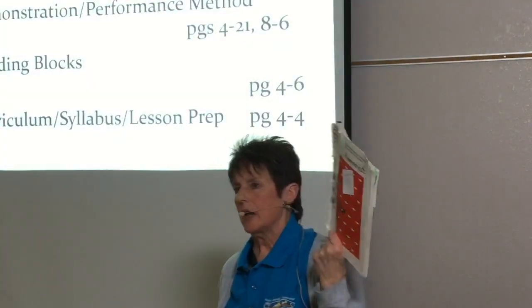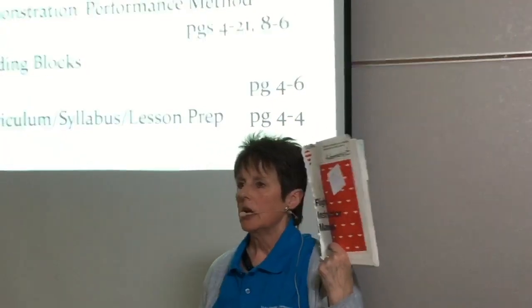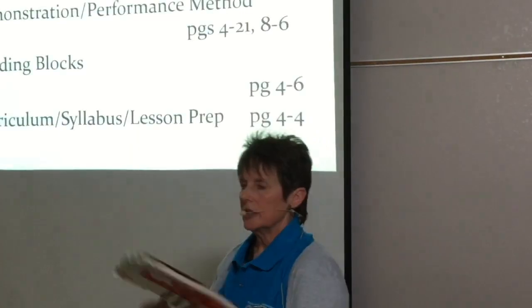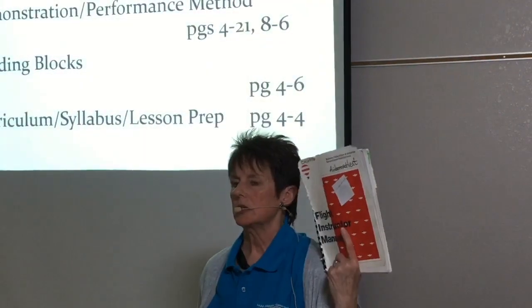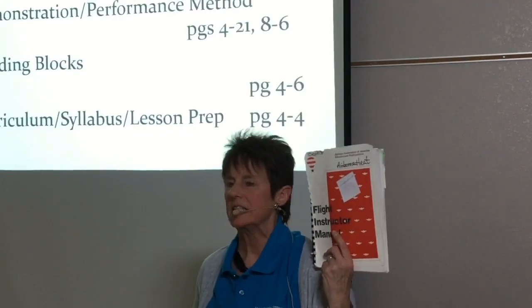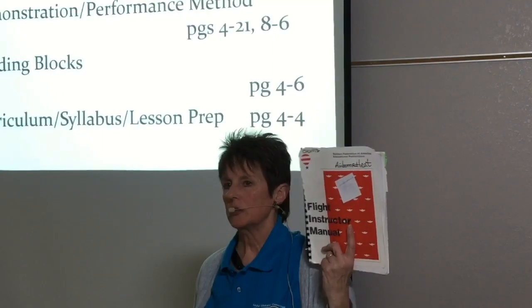So it's quite a bit out of date, but most of it is still pertinent. And it also has endorsements. The endorsements are in the back of here. The endorsement almost everybody leaves out that they need to have is 6139. It has to be referenced when you sign somebody off.